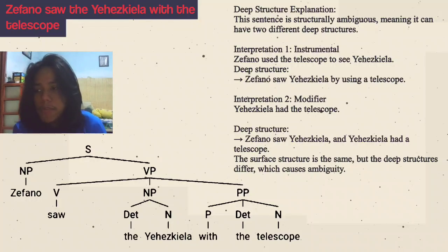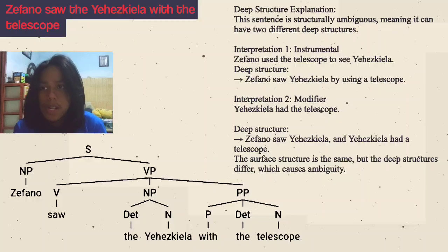And this noun phrase is level with the prepositional phrase with the telescope, consisting of the preposition with, the determiner the, and the noun telescope. So the verb, the first noun phrase, and the prepositional phrase become the verb phrase. So the noun phrase is Zevano and the verb phrase is saw Hezekiah with the telescope.